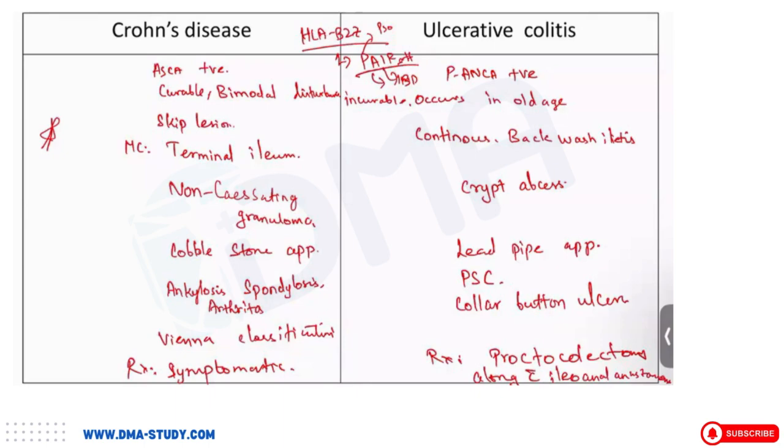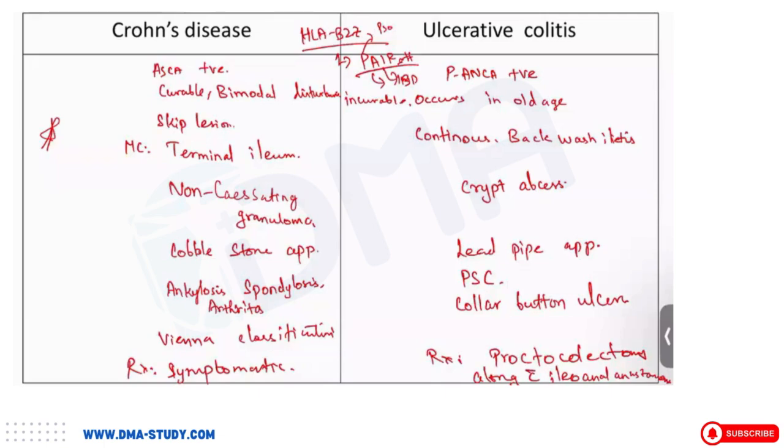Occurs in younger people: Crohn's. Crypt abscess is seen in ulcerative colitis. PSC is associated with ulcerative colitis. String sign of Kantor and cobblestone appearance: Crohn's disease.